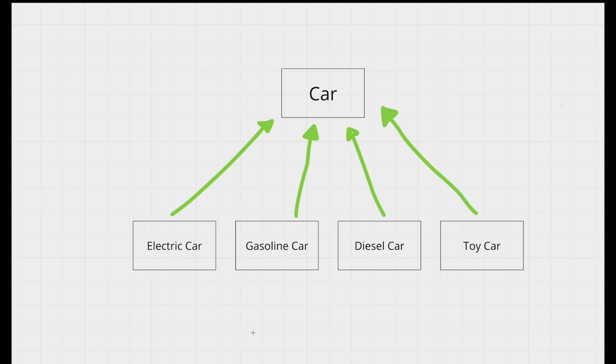And we will also have a problem because you don't get to inherit from two different classes in JavaScript, at least. So that's not even possible. You cannot inherit from gasoline and diesel car and at the same time inherit from gasoline and electric car classes. So that's not possible.